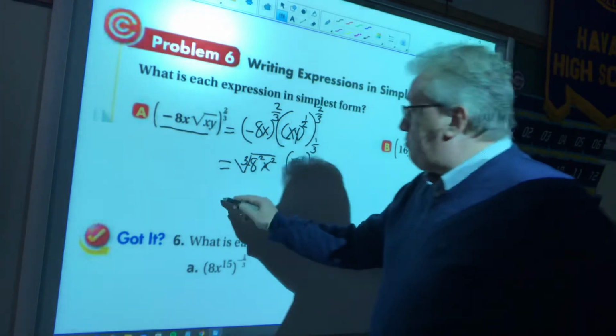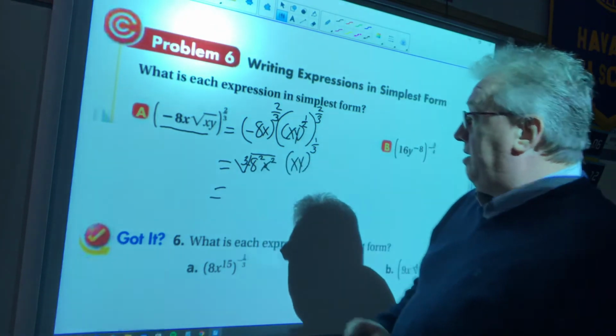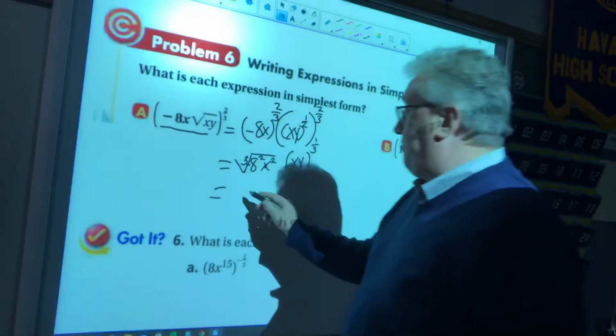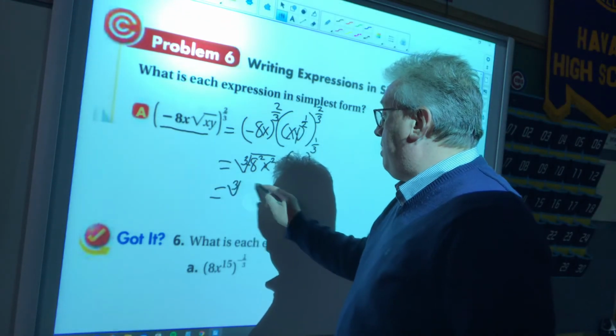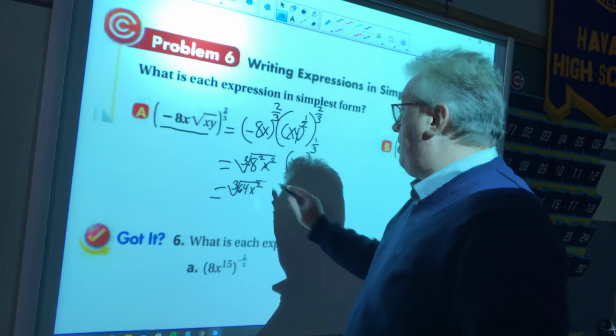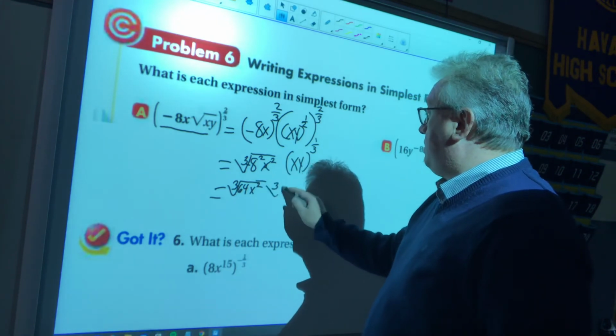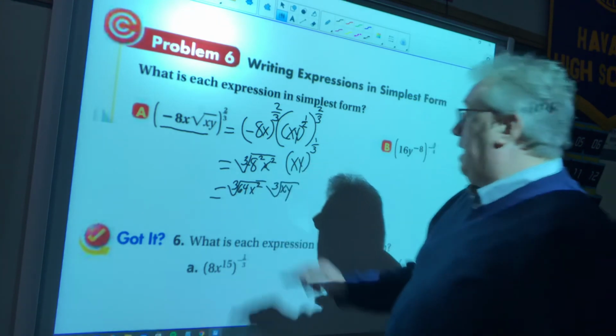Now I'm going to take a look at this. Negative 8 squared is 64. So I have the cube root of 64x squared. And over here I have the cube root of xy.